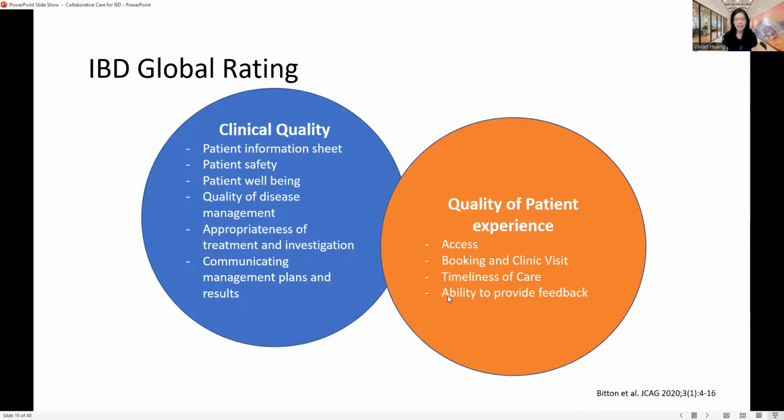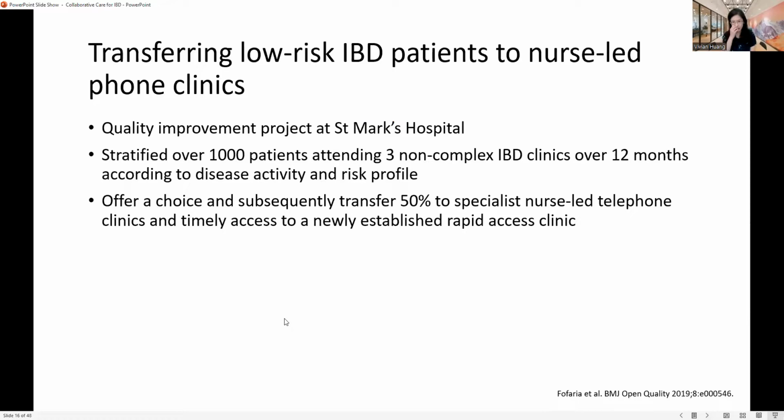So slightly different from the States, but I think along the same lines of trying to improve quality of care, but also patient experience, and then at the same time trying to reduce healthcare burden and costs. So one of the things, some publications have actually tried to quantify some of these initiatives. And St. Mark's published on their experience of using a nurse-led phone clinic.